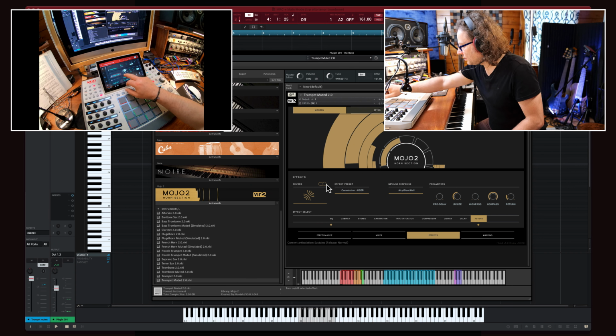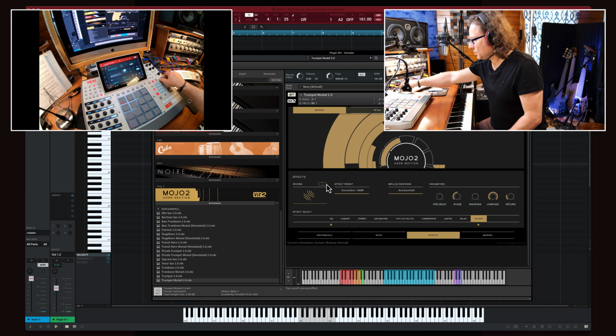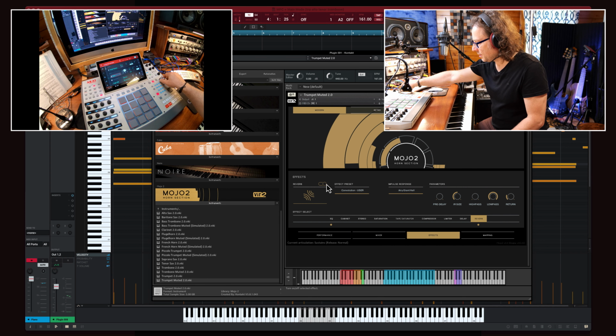You know what would be cool? To have a piano underneath.